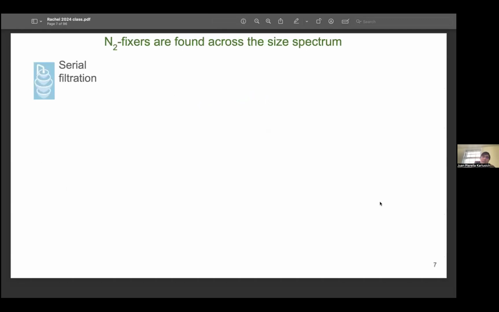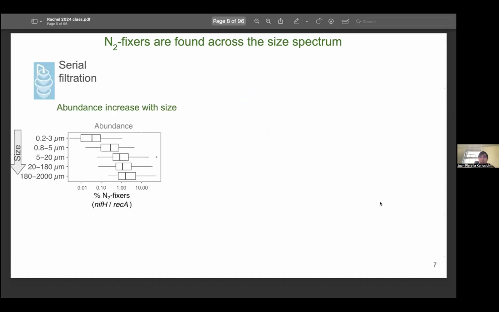So as I mentioned, we have the metagenomes obtained from different size fractions due to the use of a serial filtration system. Some of the patterns that we obtain when comparing the different size fractions using metagenomes is that there is an increase in the relative abundance of nitrogen fixers when going from the smaller to the largest size fraction.